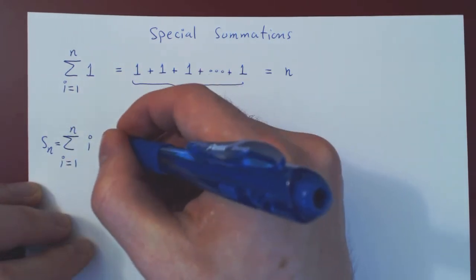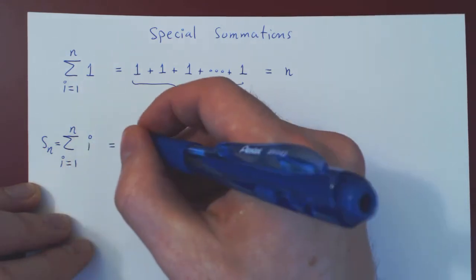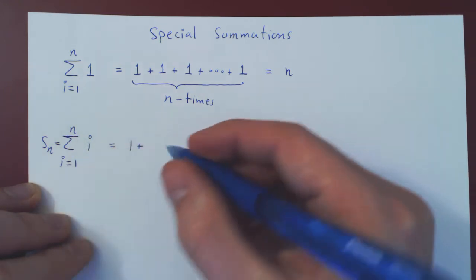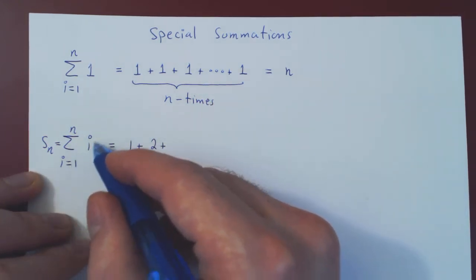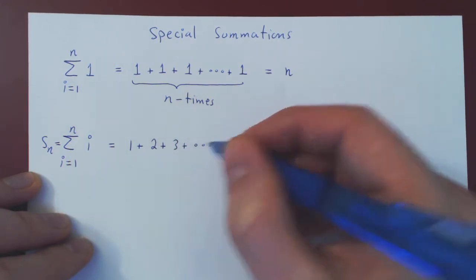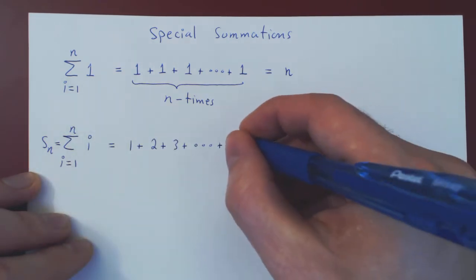So let's see what comes out of this. When i is 1, we get 1. Plus, when i is 2, plus 2. Plus, when i is 3, plus 3. All the way up to plus i being n, plus n.